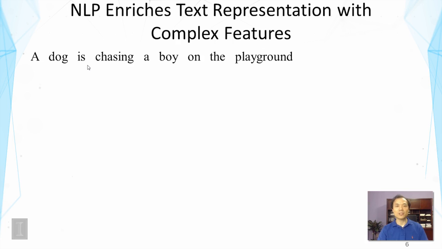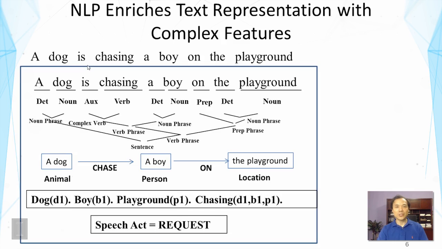So for example, this is a simple sentence that I showed you a long time ago in another lecture. From these words, we can only derive simple word n-gram representations or character n-grams. But with NLP, we can enrich the representation with a lot of other information, such as part of speech tags, parse trees or entities, or even speech acts.